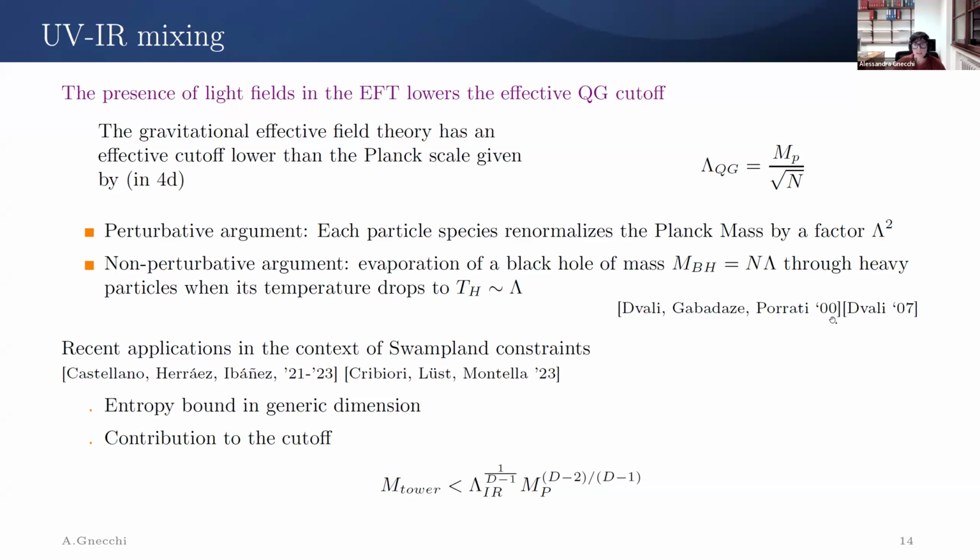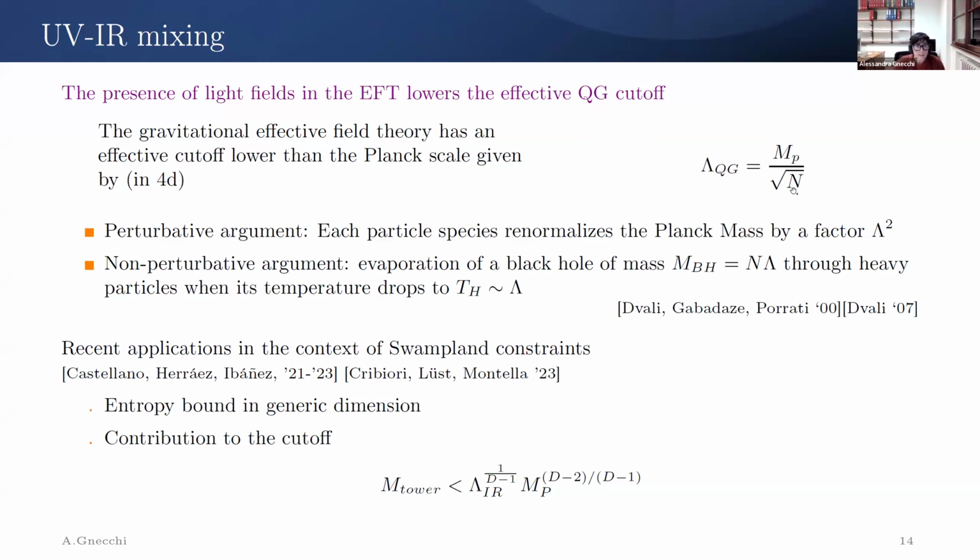And this was studied by Dvali, Gomez and Porras. And this is a very important bound because when we're dealing with an effective field theory, we assume that we can just take the highest cutoff to be the Planck mass. But if we have a high number of light fields, dynamical fields in our scalars in our theory, then the UV cutoff can actually be reduced consistently.